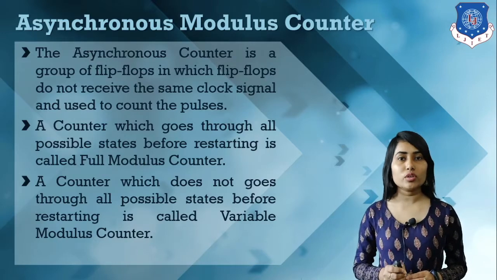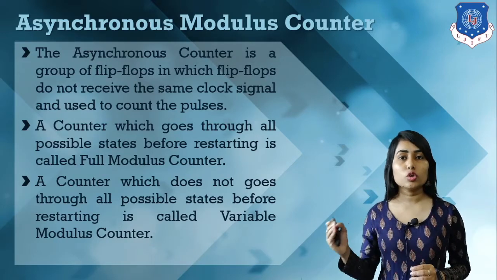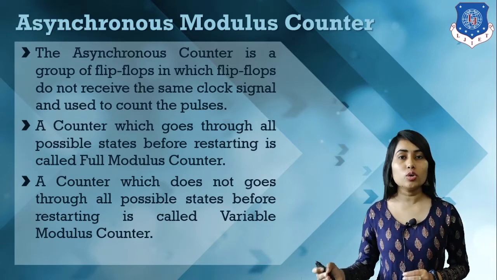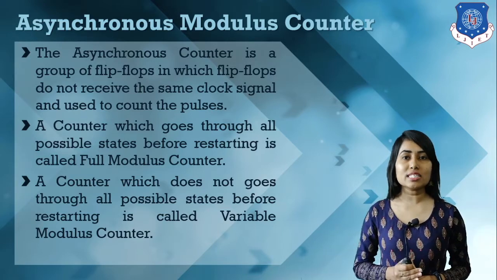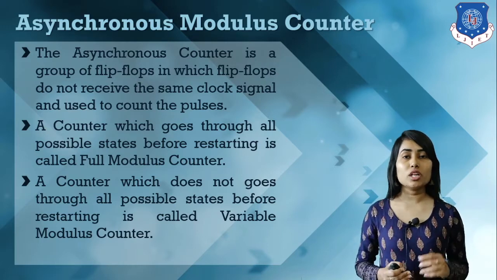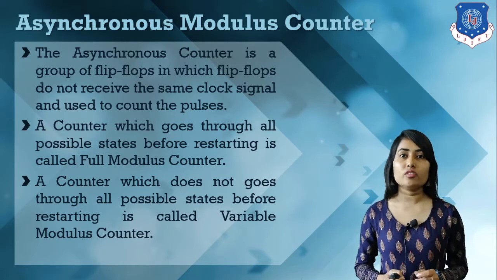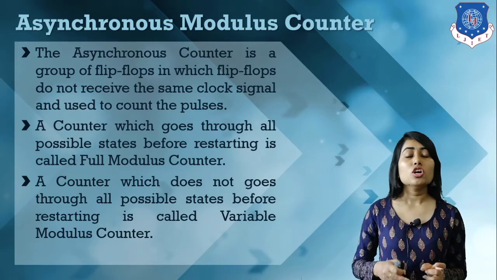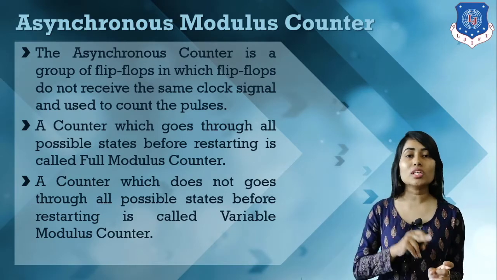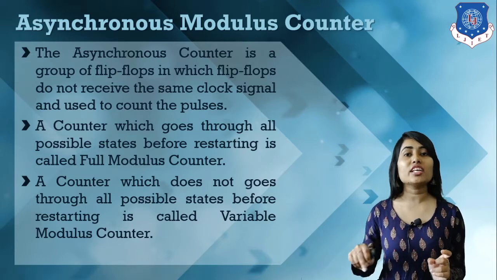Now this counter is basically a group of flip-flops in which the flip-flops do not go through all the possible states before restarting. For example, if we design a counter with 3 flip-flops, it could count the total 8 possible combinations, that is 2 raised to 3.